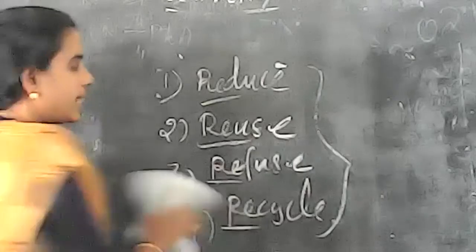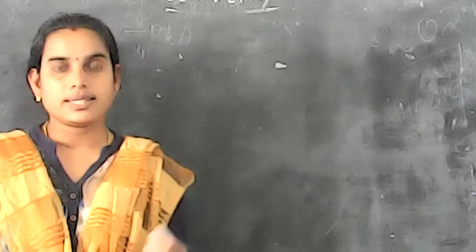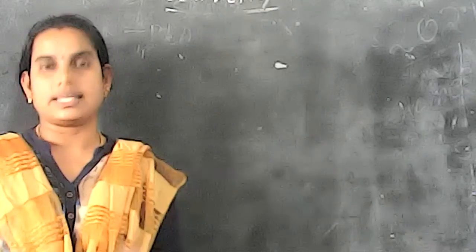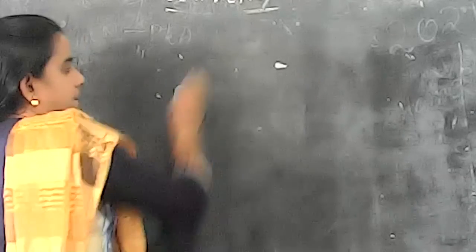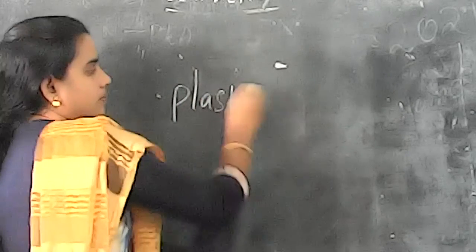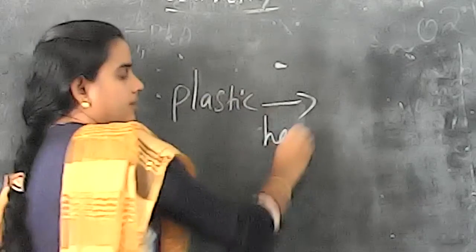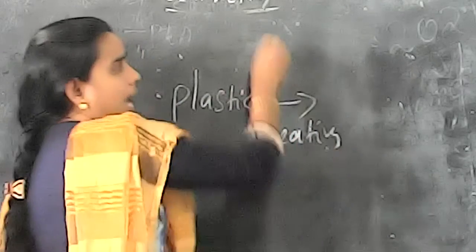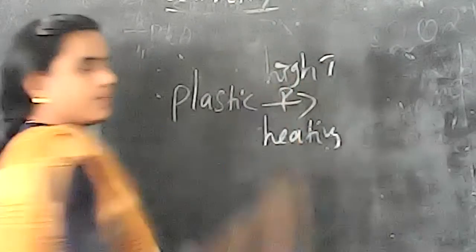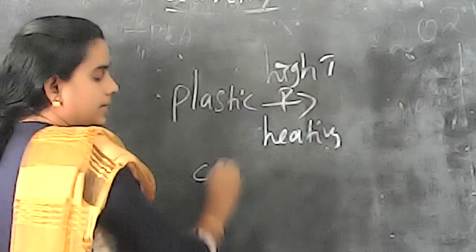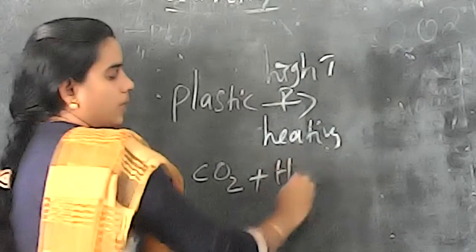Then the next one is about plastic. What is the main advantage of plastic? When plastic undergoes a burning process, it can be converted into fuel. When a plastic material undergoes heating at high temperature and pressure, it is converted into carbon dioxide plus water.